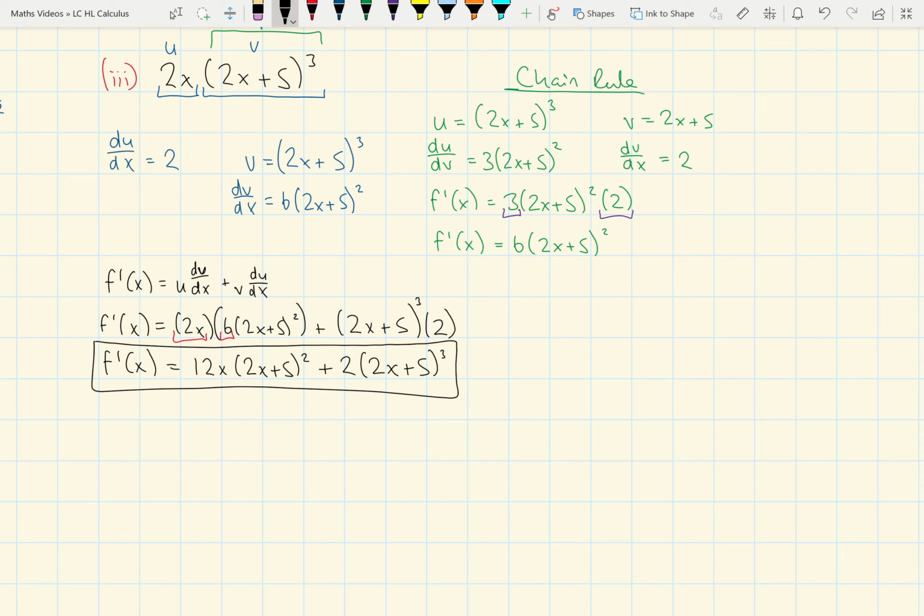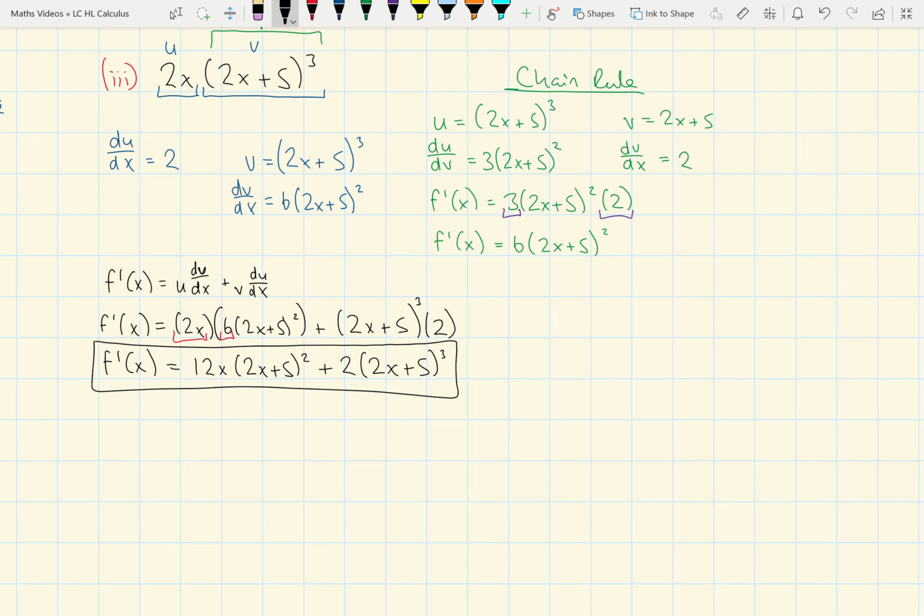So it's a little bit more of an awkward question in the sense that it was a combination of rules, and you needed to recognize initially that you had product rule, and then within the product rule you needed to deploy chain rule. But once you recognized that, it was just a case of following the process. So always for these questions, start off following product rule, and then once you reach your composite function, you'll take a side step.